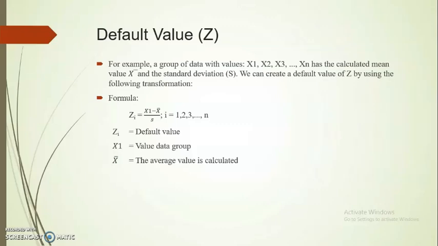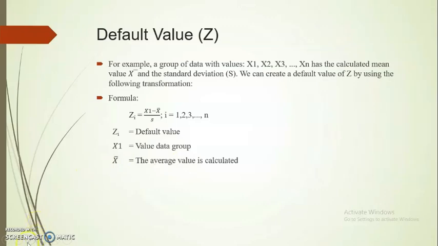The z values obtained by such a transformation are called standard values. Standard scores can be used to put two or more groups of data that were originally on different scales onto the same scale, so they can be compared.